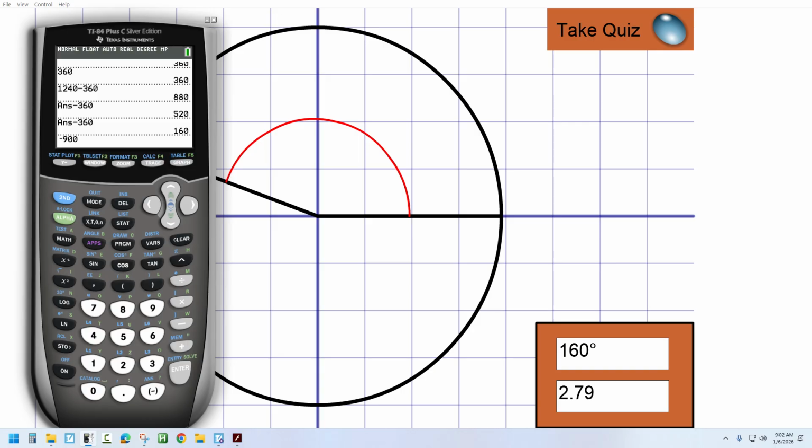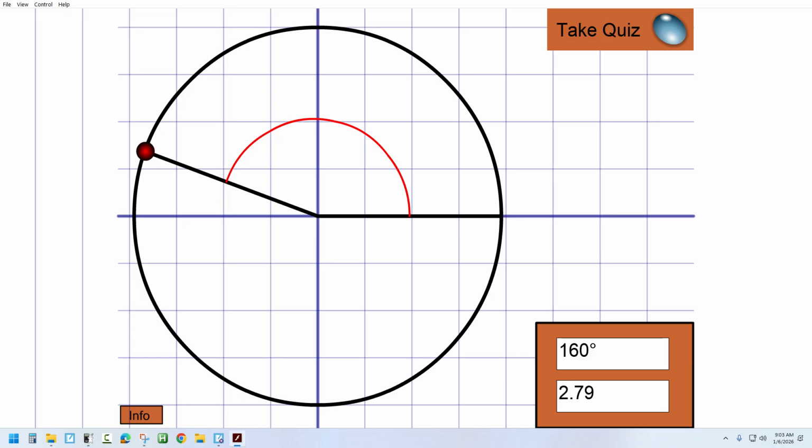So what do you think I can add to this number that'll give me an easier angle, but it won't change the answer? I can add 360 as many times as I want until I finally get a number that's easier for me to think about. Negative 180 plus 360. So you can just keep adding 360 as many times as you need to.